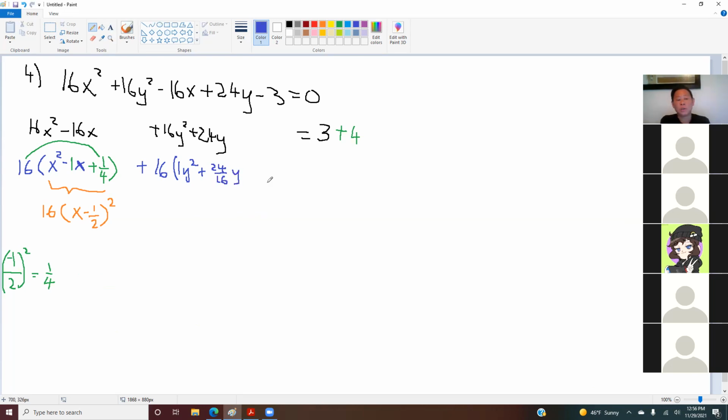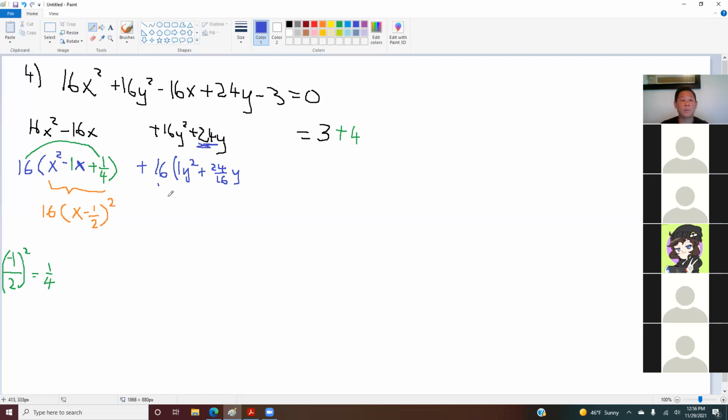Can someone reduce 24 over 16? Why is it over 16? Because when you distribute, you get 24y. But don't you multiply 16 by 24? I need to get 24y here, right?